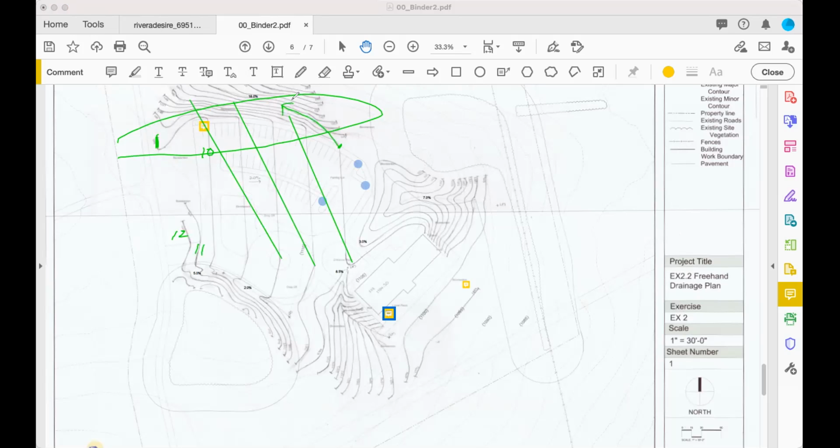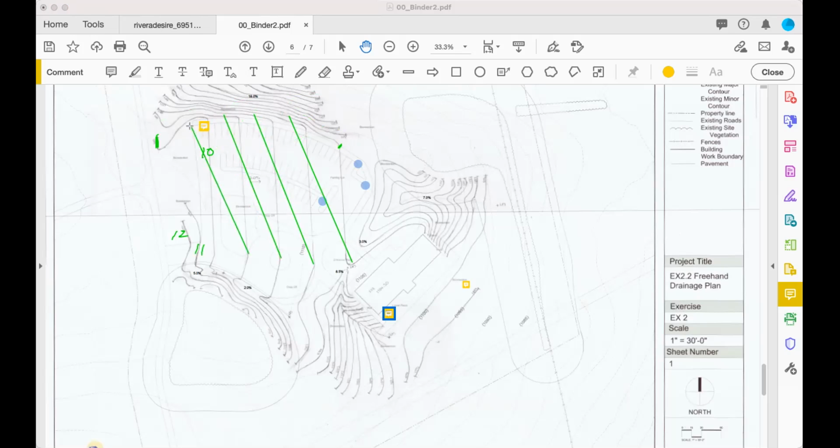That means you're getting closer to your original contours in that area by rotating the V. Now, just by doing that, you can see my 10 can connect like that, and my 11 can connect like that.